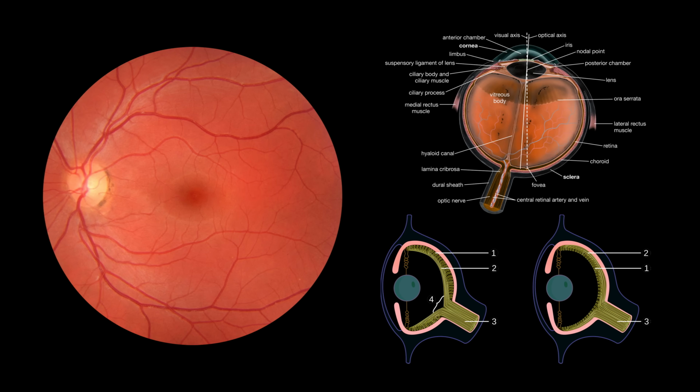What is of interest for us is that if you look in the bottom right corner, we have two different illustrations. They might look similar, but there are major differences in the design, if you will.